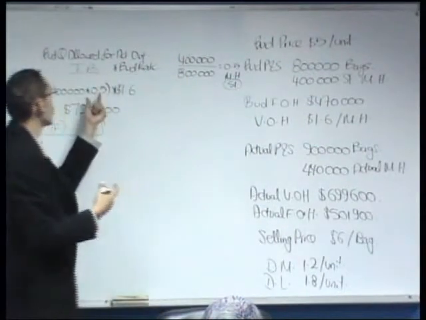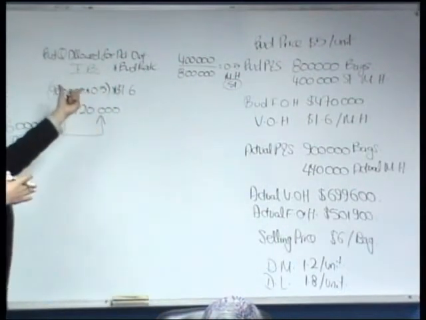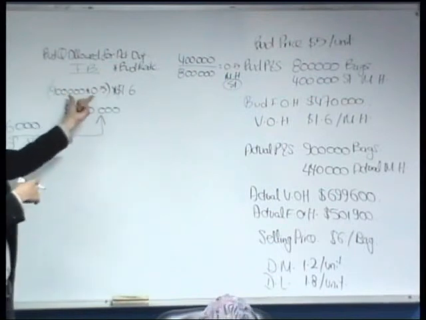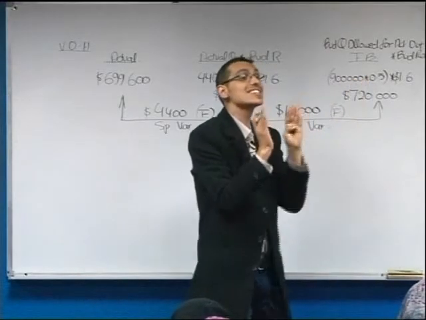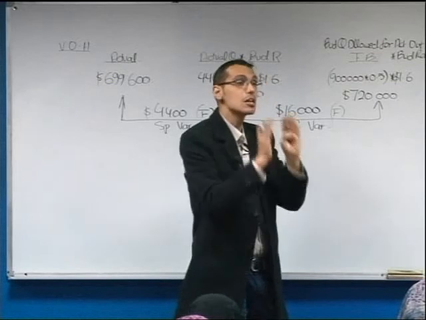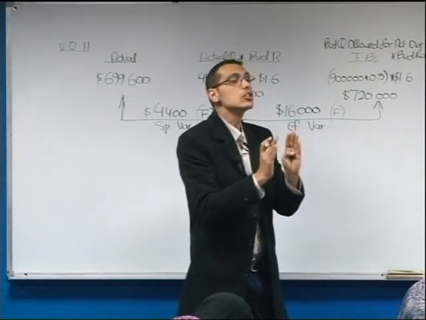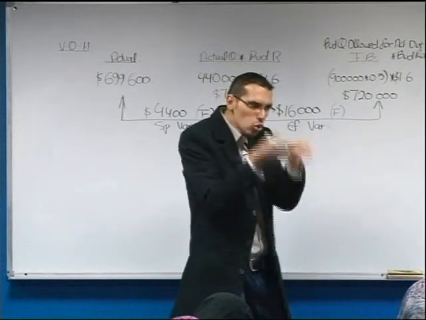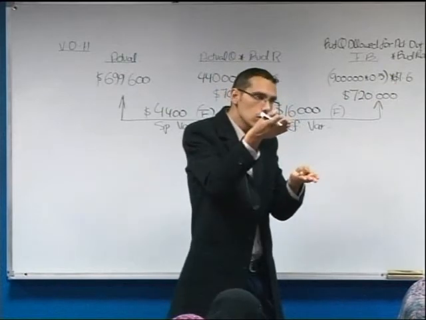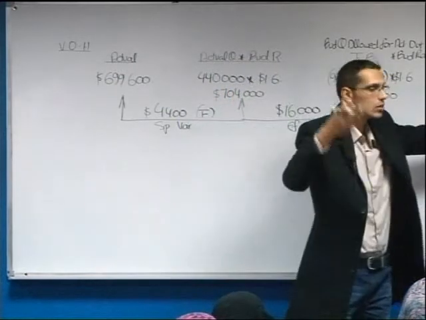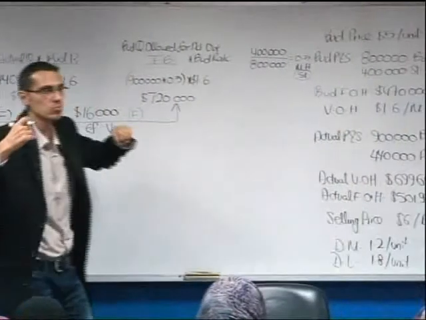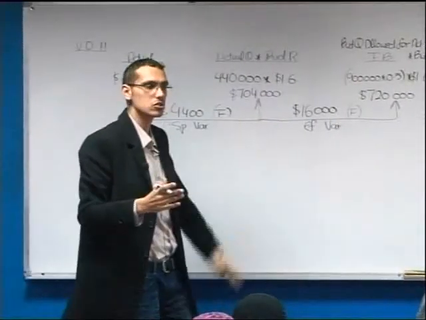Therefore, the 450,000 machine hours is the budgeted machine hours to be used to produce the 900,000 bags. This is the meaning of a flexible budget amount.